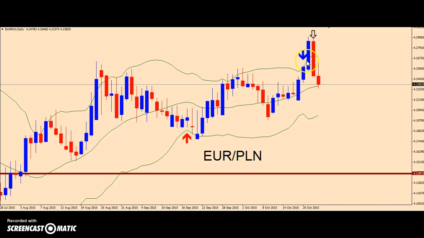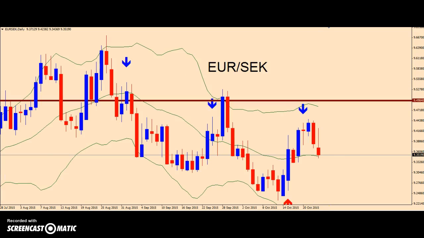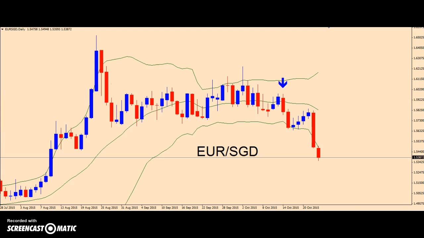So not one I would have done, because we already had the big move down, but could have still got a few pips out of it. So always worth taking note of. And similar with this one as well. So another signal, saying yeah, we're going down. All showing weakness in the euro.